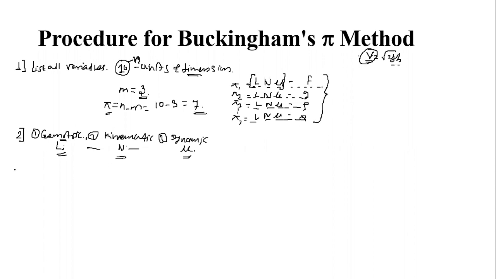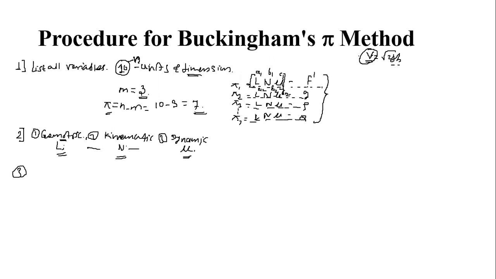तर नेक्स्ट स्टेप मध्ये काय करायचं आपल्याला? इन द थर्ड स्टेप वी हॅव टू फॉर्म द जनरल इक्वेशन इन द फॉर्म ऑफ द पाय टर्म्स. ते आपण तयार केलेलं आहे. ओके. अँड विच विल हॅव द combination of the repeating variables and one of the non-repeating variable. हे रिपीटिंग व्हेरिएबल आणि एक आपलं नॉन रिपीटिंग व्हेरिएबल आहे विथ अननोन पॉवर्स. अननोन पॉवर म्हणजे काय? वी कॅन राईट हिअर एज a1, b1, c1 आणि याची पॉवर 1 दिली जाते. सिमिलरली फॉर द सेकंड पाय टर्म, लेंथ इज देअर, सो पॉवर विल बी a2, for n2 b2 and for mu as a c2.